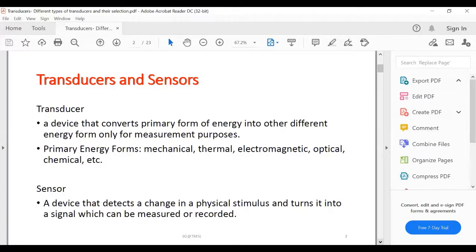That's why we use the transducer, for converting the physiological property into an electrical signal, which can be an input to an instrument. Okay, so what is the transducer?